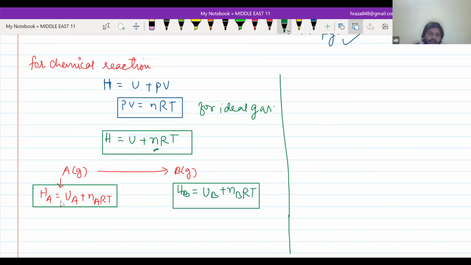Now we know that we cannot find absolute values, so we go for the change in enthalpy, which will be final minus initial, HB minus HA. What is the value of HB?